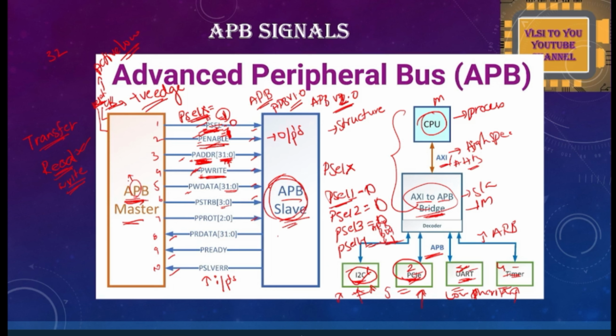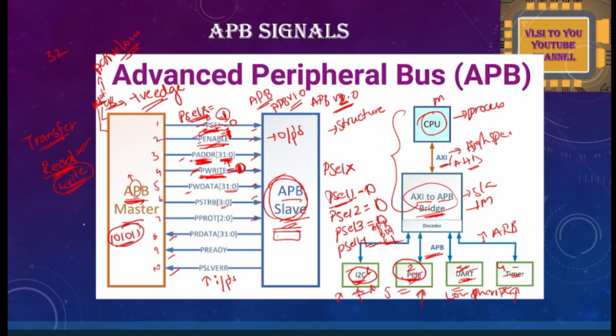Similarly here, based on the P write signal, if P write equals 1, then a write transfer is going to happen. If P write equals 0, then a read transfer is going to happen. So this is how, based on the P write signal, read and write operations happen. And this is also a single-bit signal. Now, P write is 1, that means you can write. Writing means you will be sending data from the master, for example this packet of data, into the APB slave.